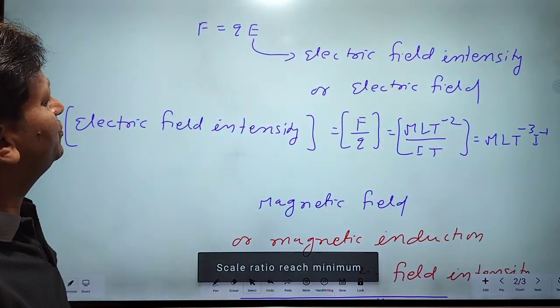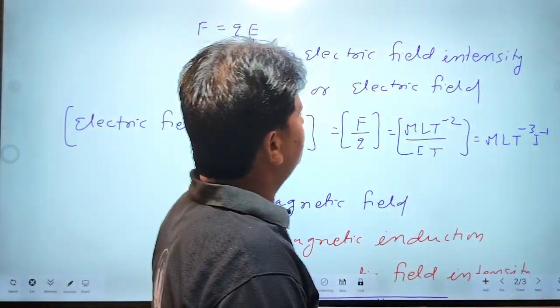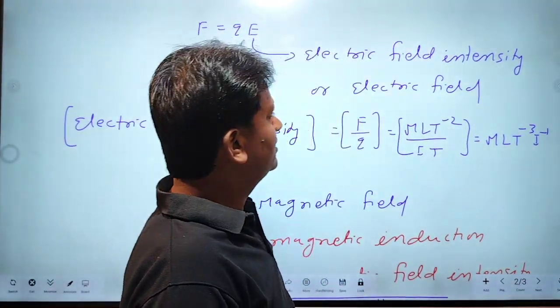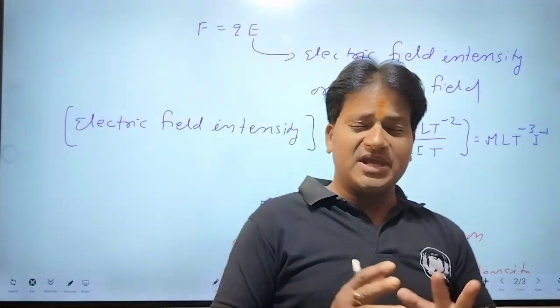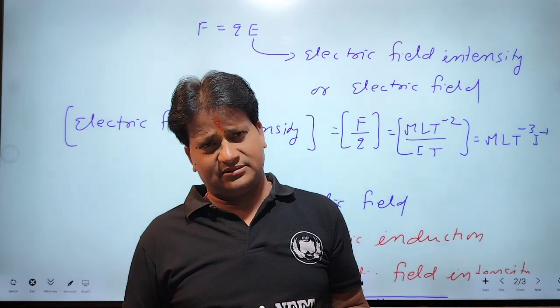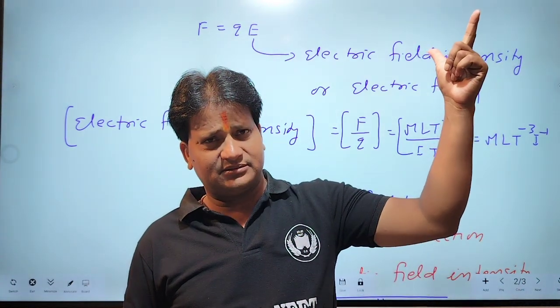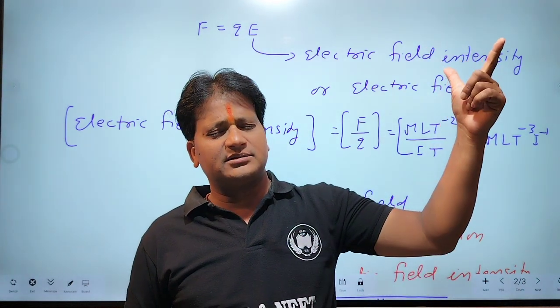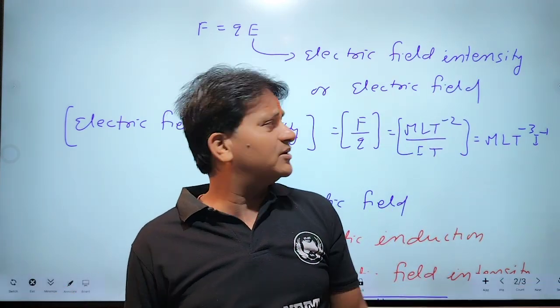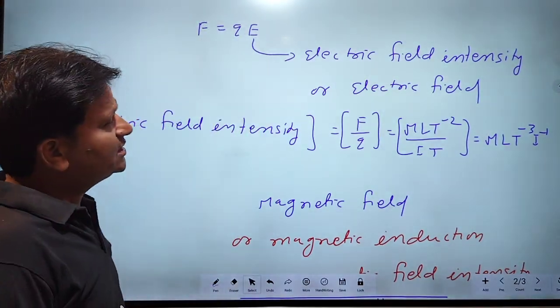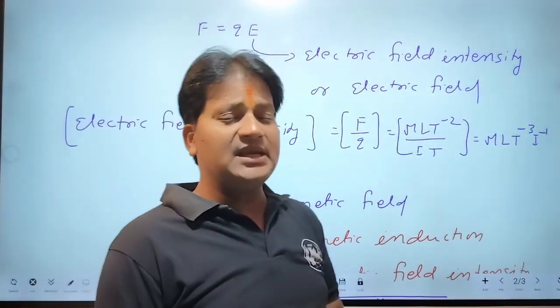F is equal to QE, where E is electric field intensity or electric field. Okay, actually electric field is defined as the affected region around a charge up to infinite. But I cannot measure this area up to infinite here. Therefore, electric field means electric field intensity.